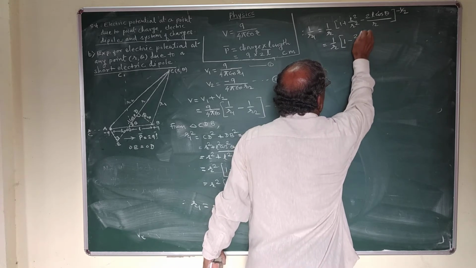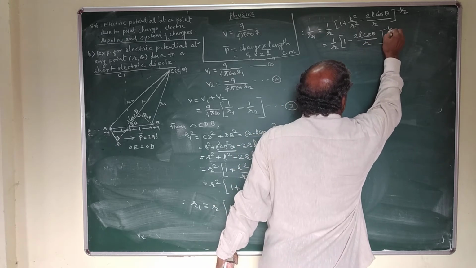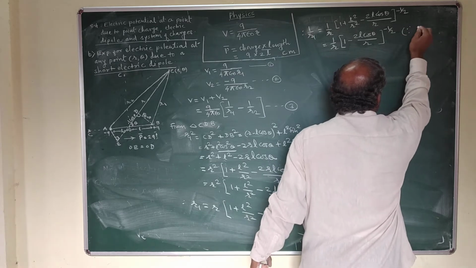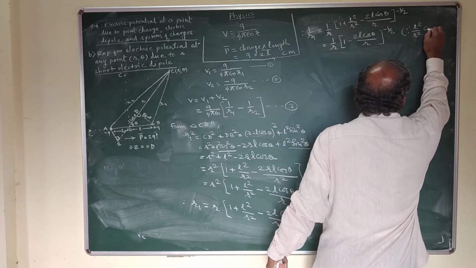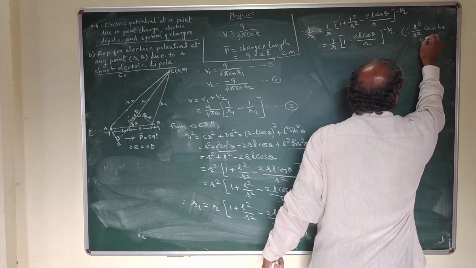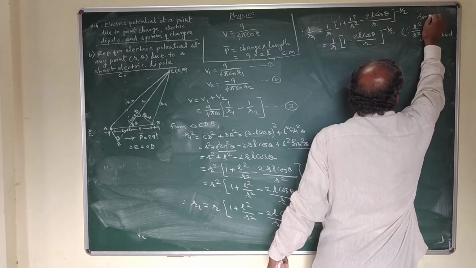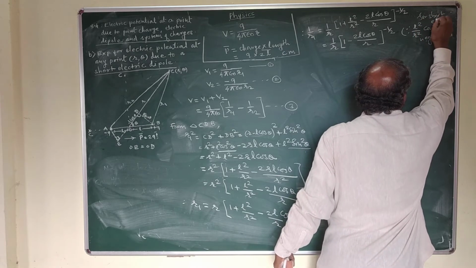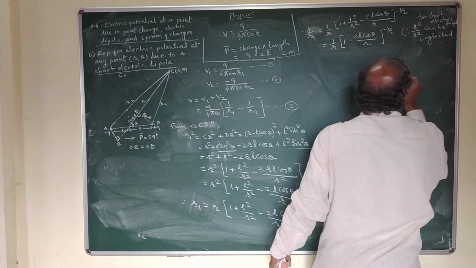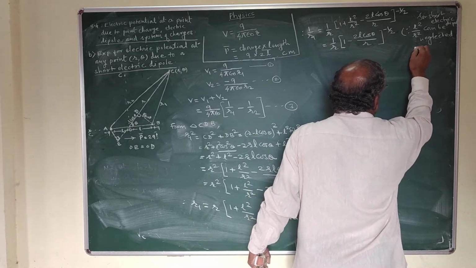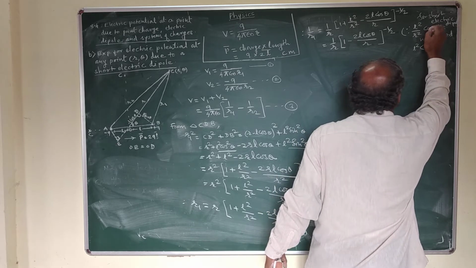So (1 minus 2L cos theta upon R) to the power minus half, since L square upon R square can be neglected for a short electric dipole, because for a short electric dipole L square is very much less than R square, hence this term is negligible.